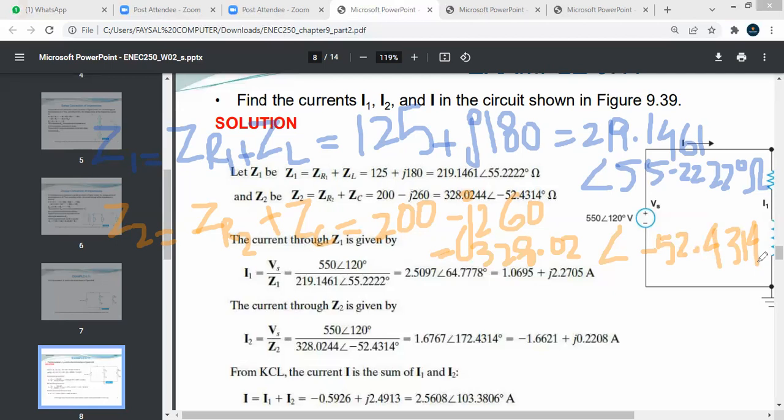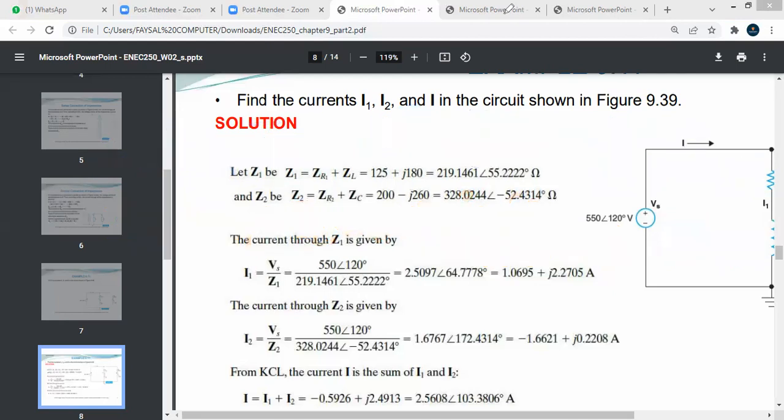After this, we have to find the value of I1 and I2. So I1 equals Vs divided by Z1. What is the value of Vs? Vs value is 550 with the angle 120, divided by the value of Z1.